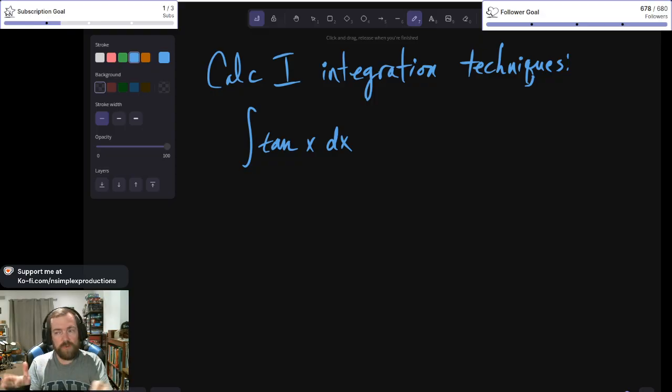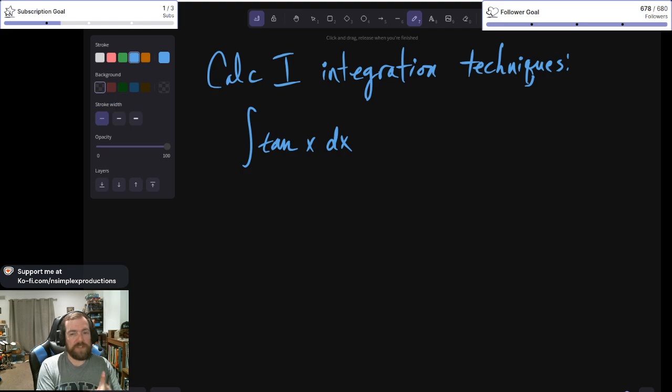You can do the integral within complex numbers, and then you translate it back to real numbers, and then you get an answer. And that is absolutely wild. I love it. However, this is not one of those.